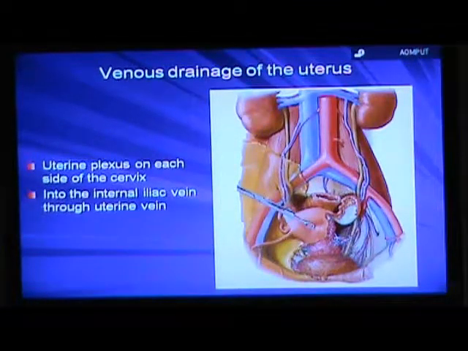The blood from the uterus is formed by the uterine plexus, of course on each side of the cervix of uterus, and the blood next is formed to the internal iliac vein through the uterine vein.